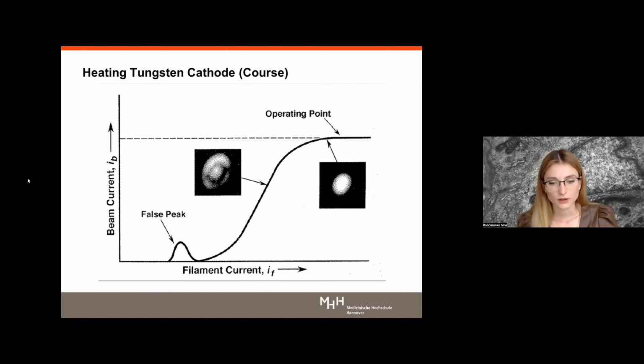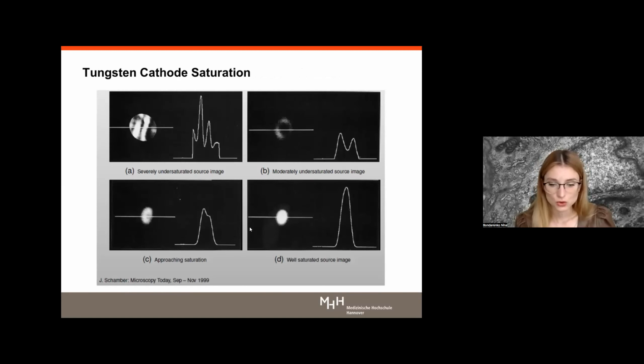And this diagram is responsible for the explanation of how heating of the tungsten cathode changes the saturation of the beam, and we usually work with a well-saturated source of electrons, because these variants are not suitable for electron microscopy work.